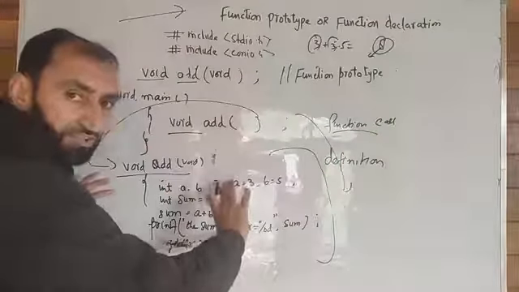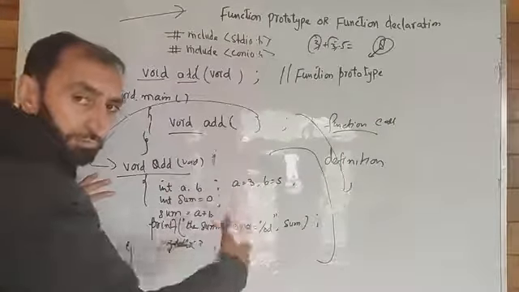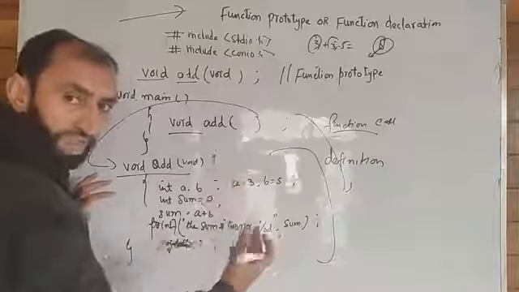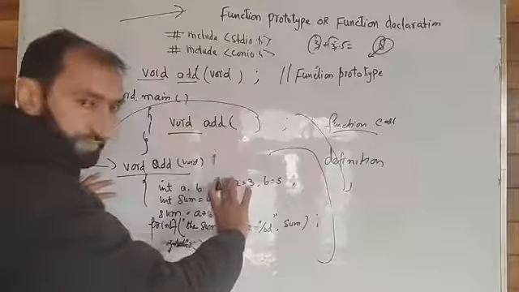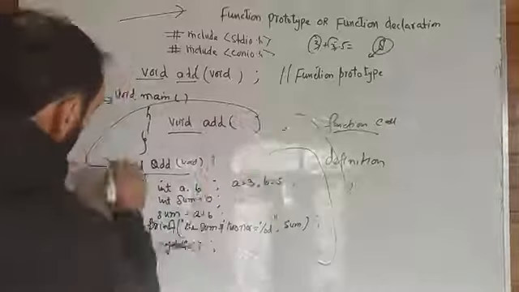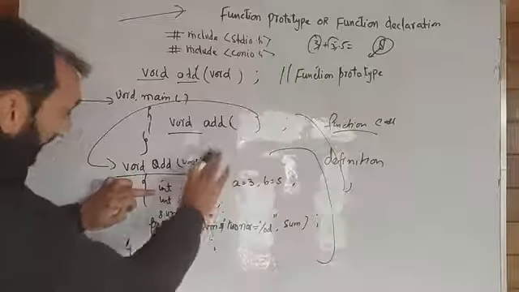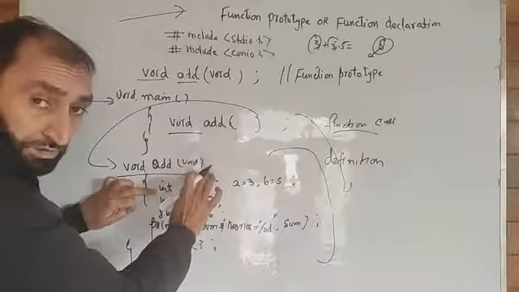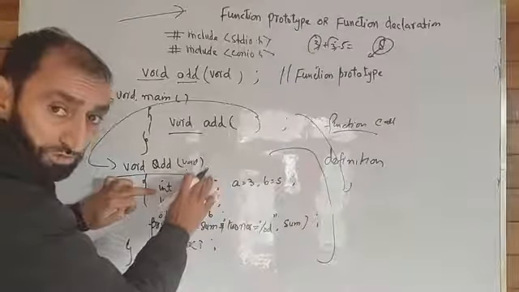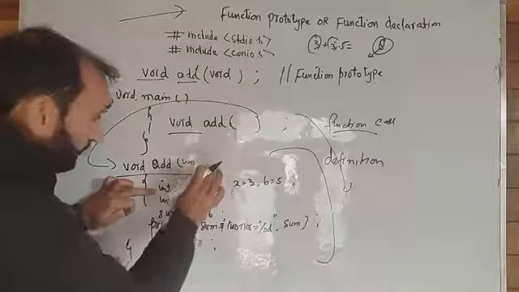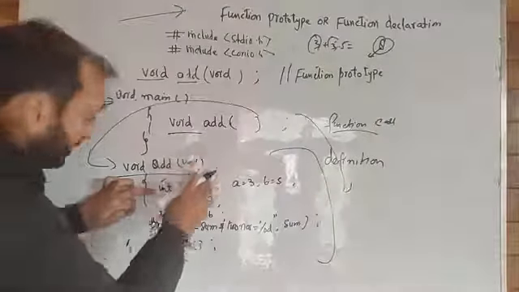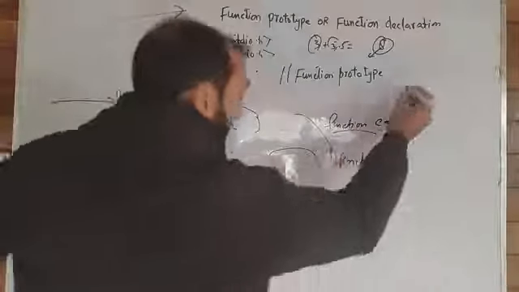Here the working of the function is specified, how the function is going to work. Don't put any semicolon here. In the function definition, int a, b, the variables can be declared.